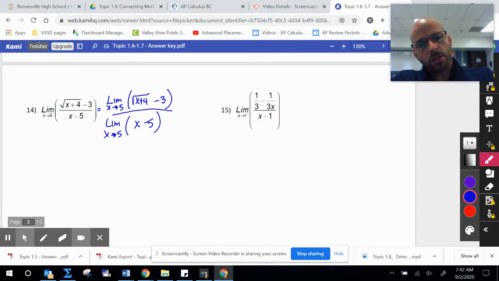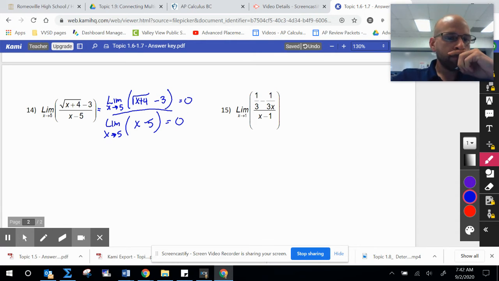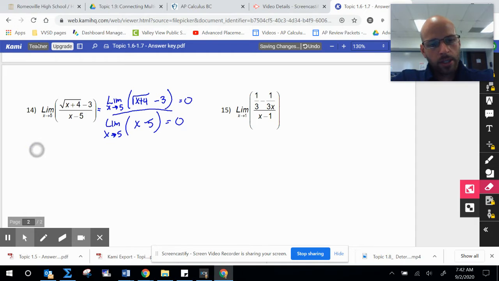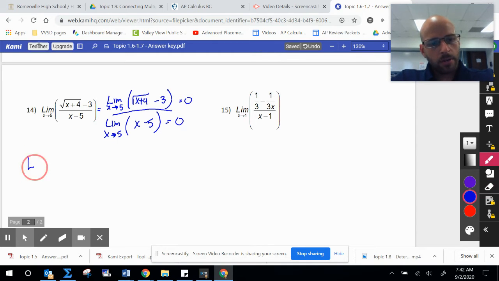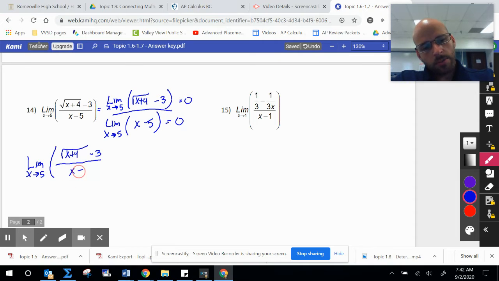And if I substitute 5 in, I will get 0 on the top and 0 on the bottom. So now, I forgot my limit. Let's write my limit out: the limit as x approaches 5 of the square root of x plus 4 minus 3, over x minus 5.